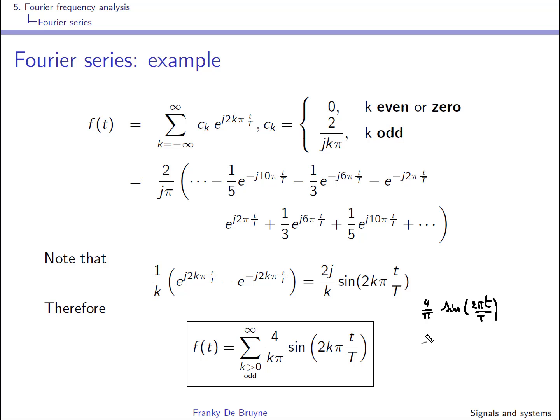And for terms with k larger than 1 and odd, we have 4 over k pi sine of 2 pi k t over the period, and this is called the kth harmonic component. Again, here we assume that k is larger than 1 and odd.